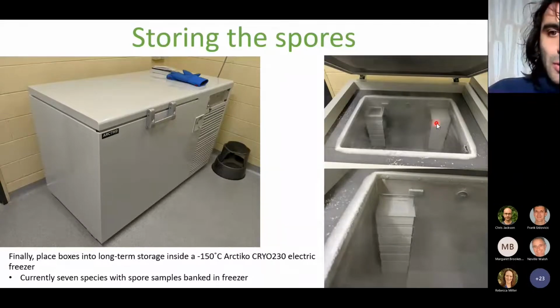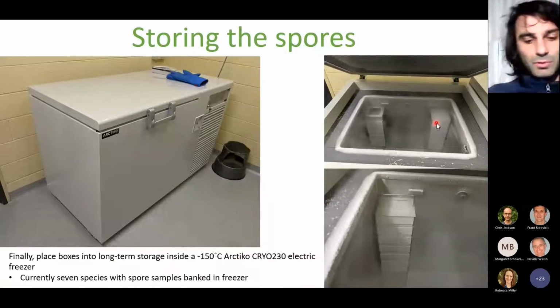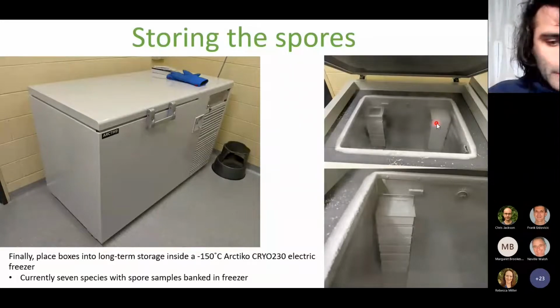And also having different allocations of the samples too, so that we don't have to take the entire sample out each time. I'm hoping we'll reduce that amount of freezing and thawing.